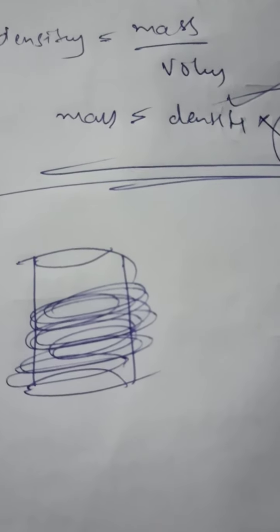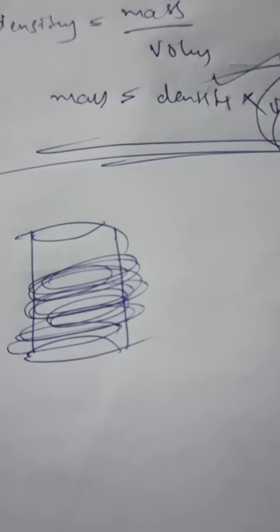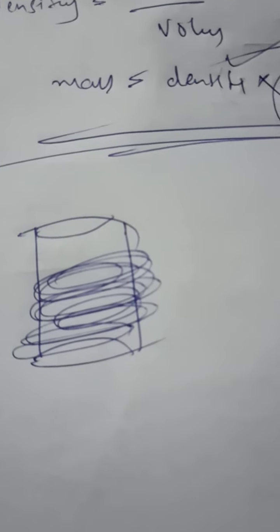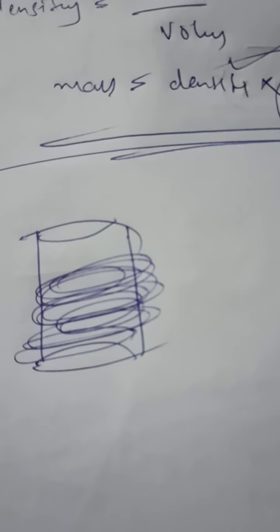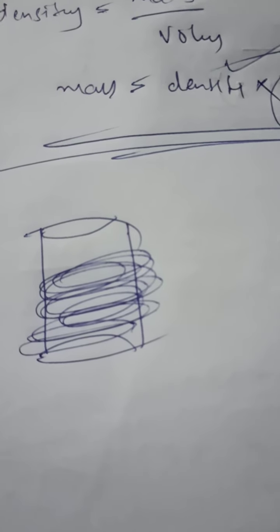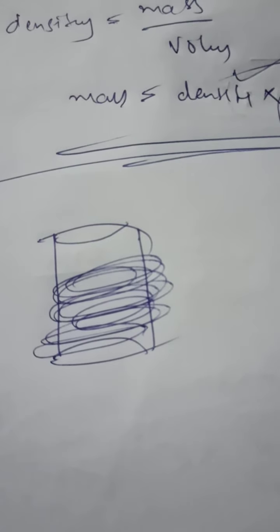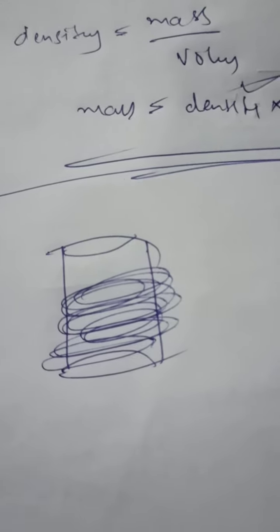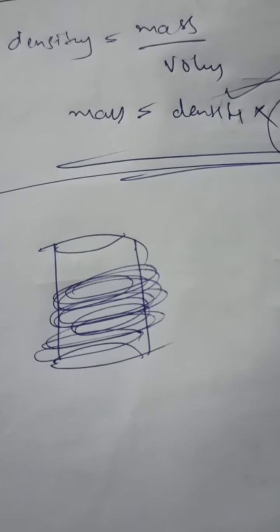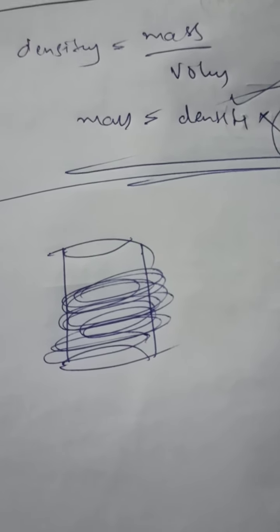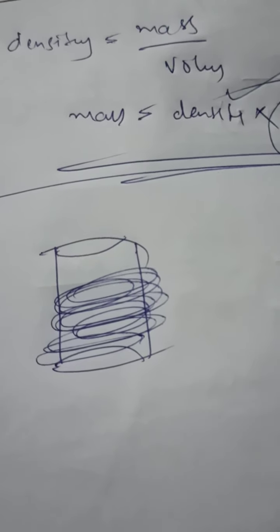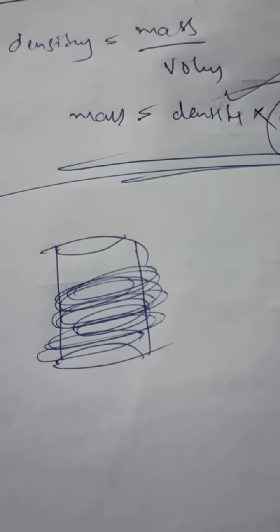We need to find how many number of turns are there first, since we don't know the total length of the wire. If we want to find the volume of the wire, first we need to find the total length of the wire, and with respect to the given dimensions I can give the volume also. Let us see how I am going to find.